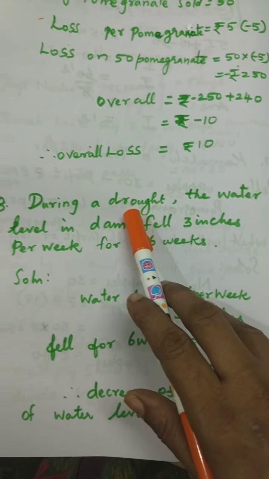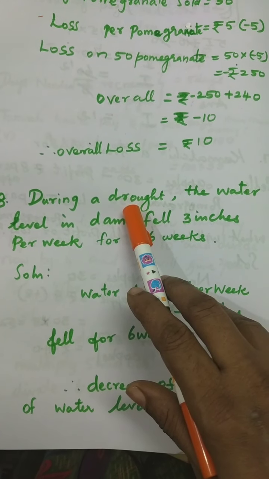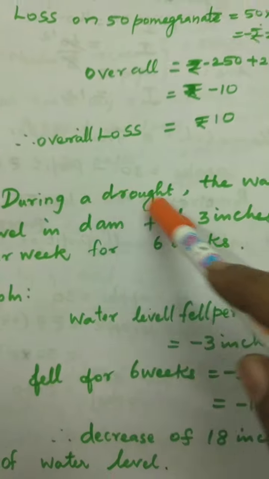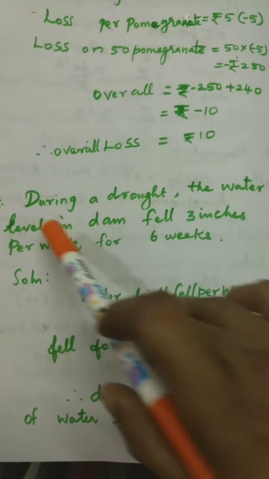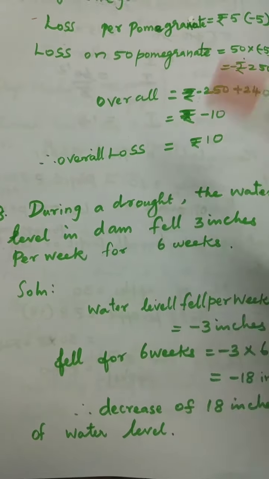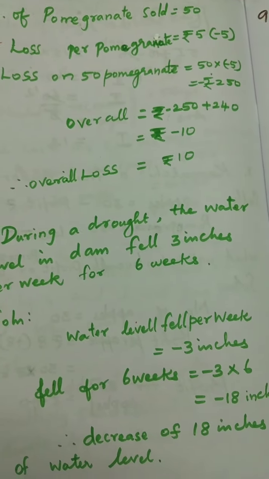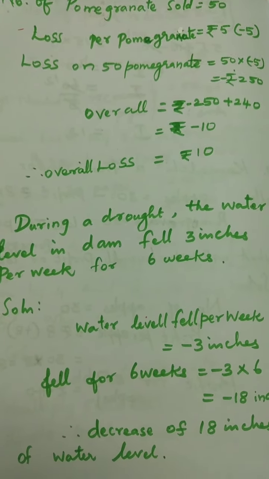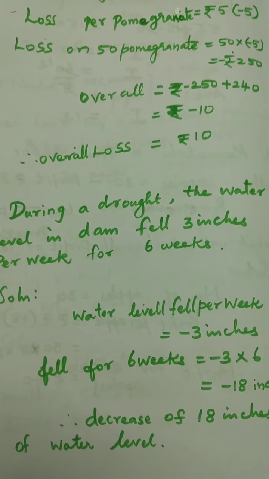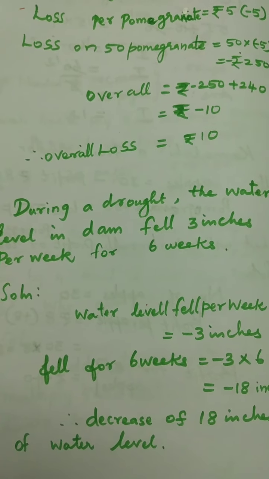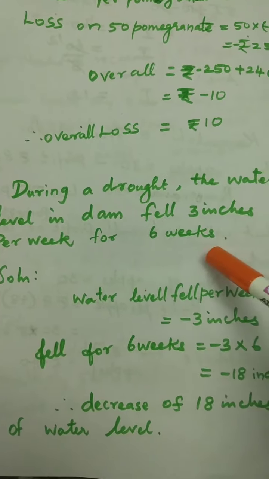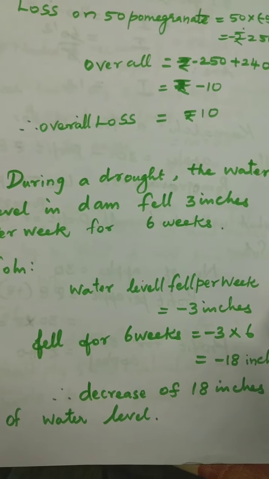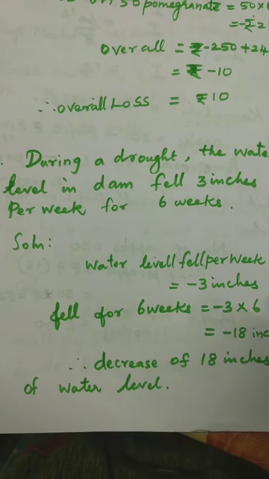Because of no rain, the water level in the dam fell. It decreases 3 inches per week. Then we have to calculate for 6 weeks how many inches it comes down. That is the 8th question.